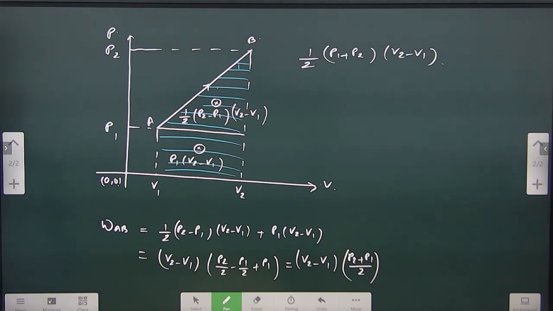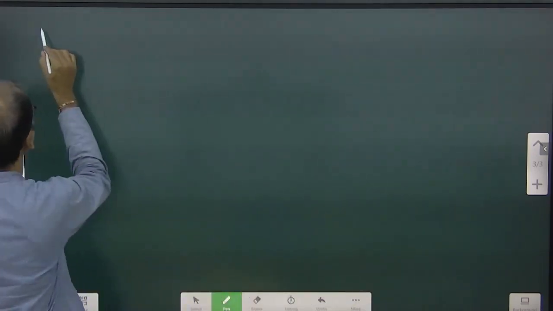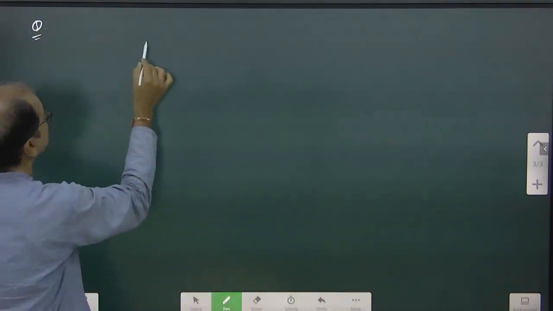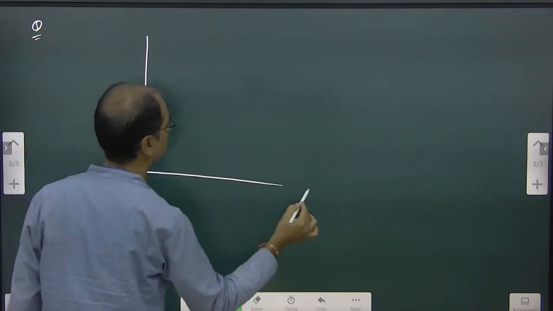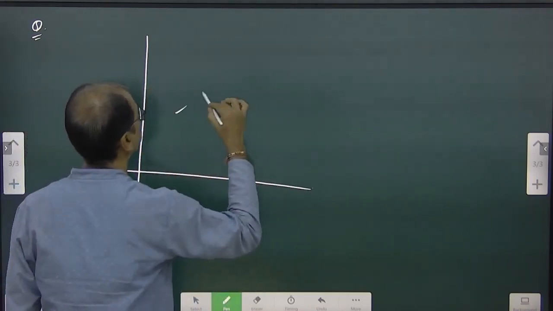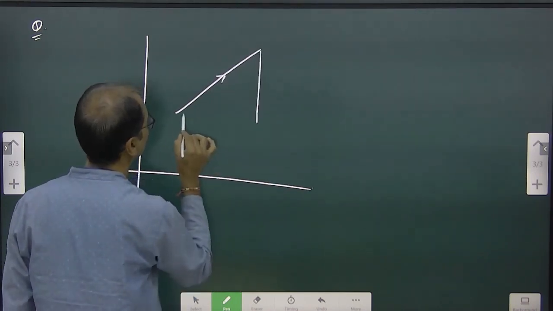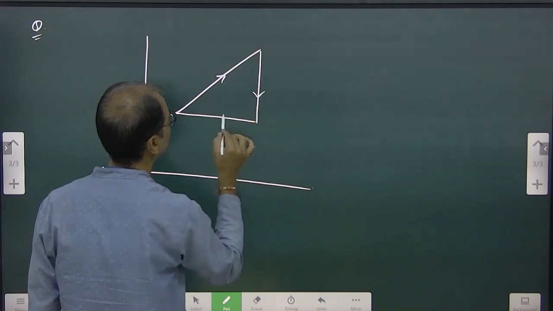Now let's extend this and make another question. Suppose this time I make it like this. It goes in this way, then it comes in like this, and then it comes back like this.